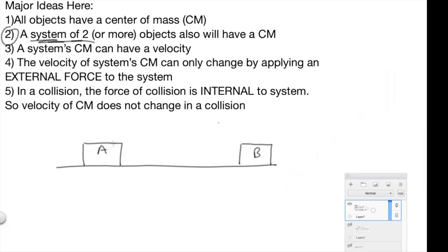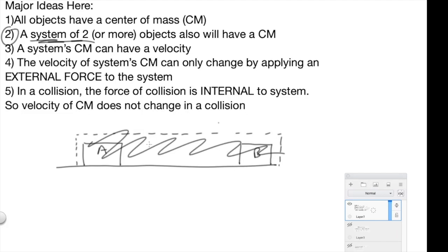By system I mean we're considering the two of them together. If those blocks had equal mass, where would the center of mass be? Smack between them, right? The center of mass would be in the middle.